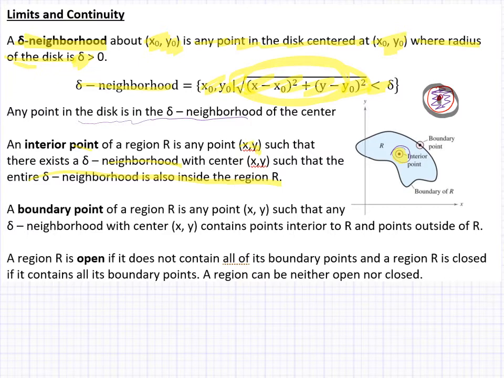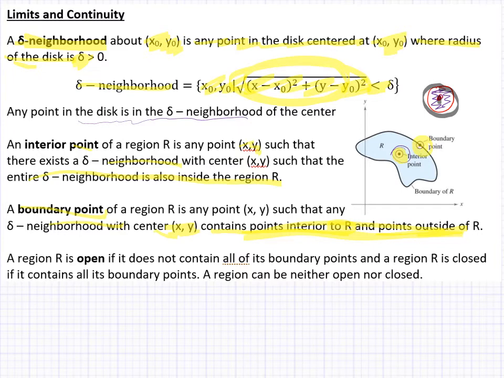as opposed to a boundary point, where the delta neighborhood that's centered at x, y is not completely inside the region. Some of the points are inside the region and some of the points are outside, and you kind of see that right here with this point.